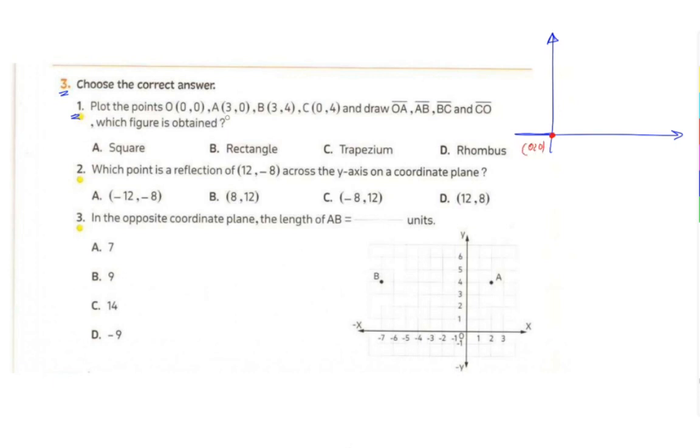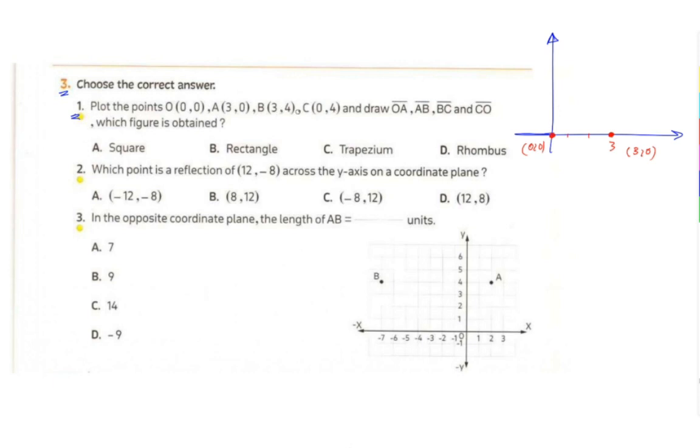Okay. 3 and 0, 1, 2, 3 and 0. So 3 on X and 0 on Y. No up, no down. That's the point 3 and 0.